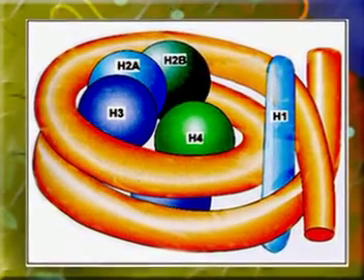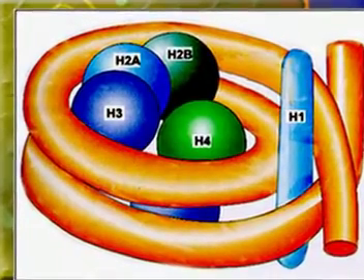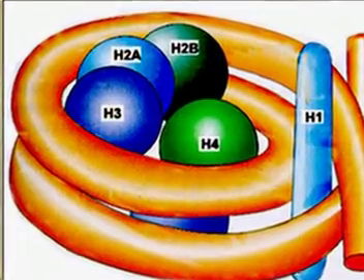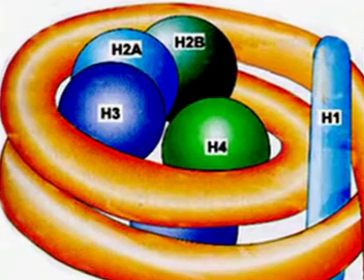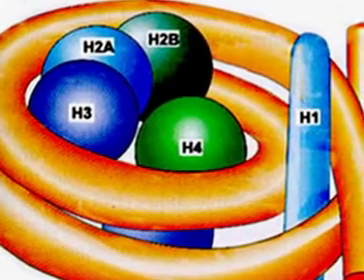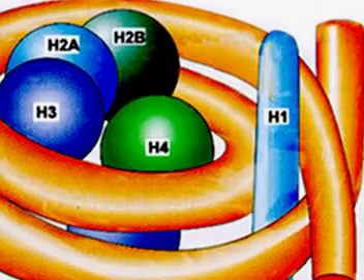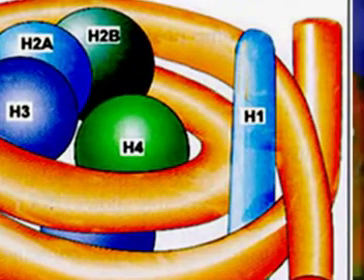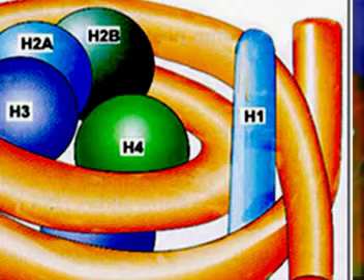DNA follows a symmetrical path around the octamer. The path of DNA around the histone octamer creates about 1.65 supercoils. The DNA enters and leaves the nucleosome in the same vicinity, at points close to one another, and could be sealed by histone H1.